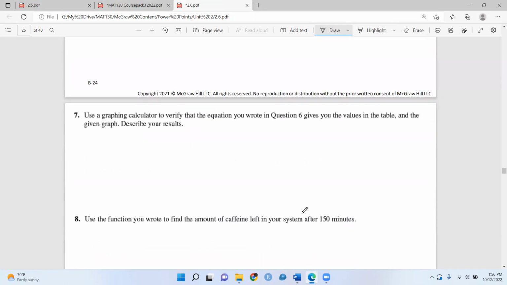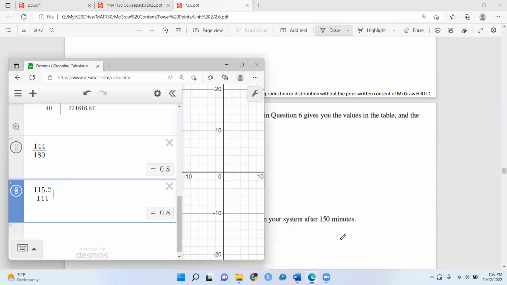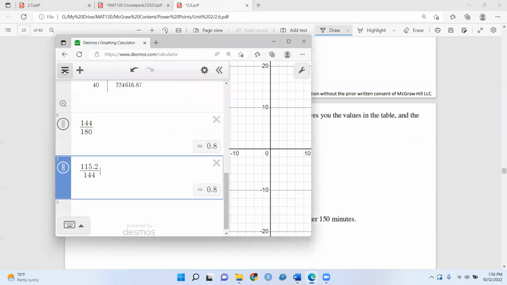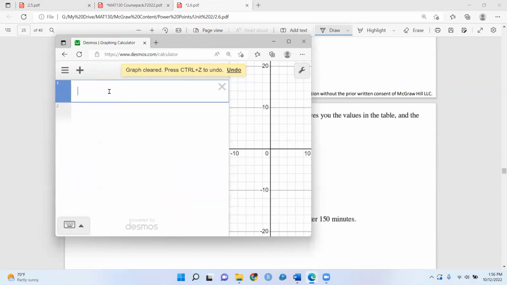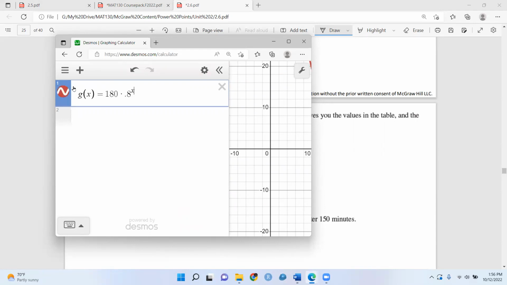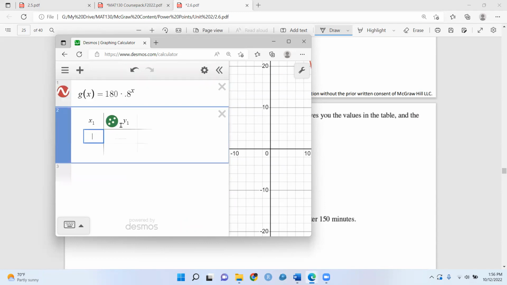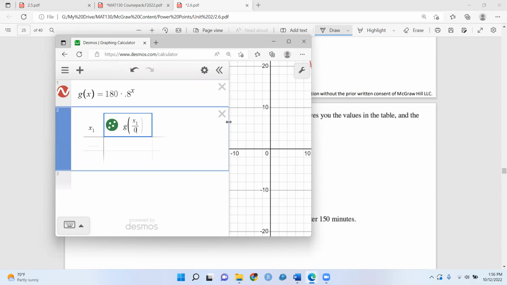So let's get that table in Desmos. I'm going to get a whole new blank graph. I'm labeling my function g of x, and that was equal to 180, the initial amount, times 0.8 raised to the x power for each hour. I'm then going to add in a table, and now I'm going to type in here g of x1.